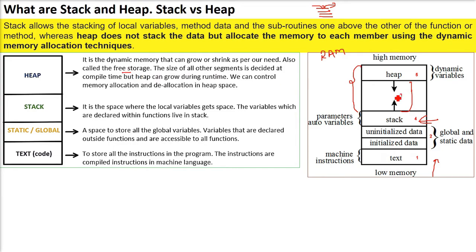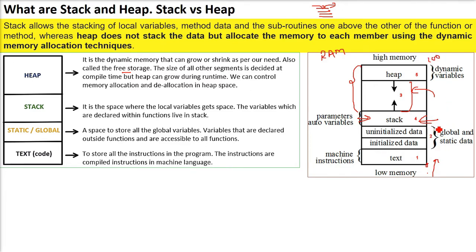We also call it free storage. The size of all other segments is decided at compile time, but heap can grow during runtime. So we can control memory allocation and deallocation in heap space.